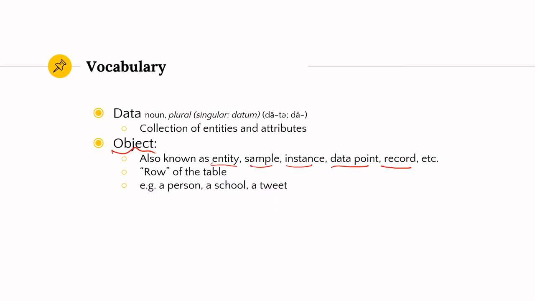So let's say you have a database of students. In that case, a person can be a row of the table, or an object of the table. You can change the scope a little bit and think about a database of different schools. How many students are in each school?